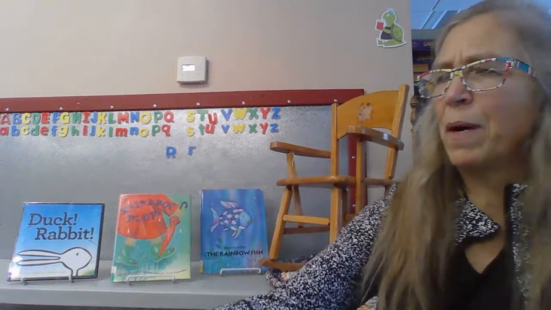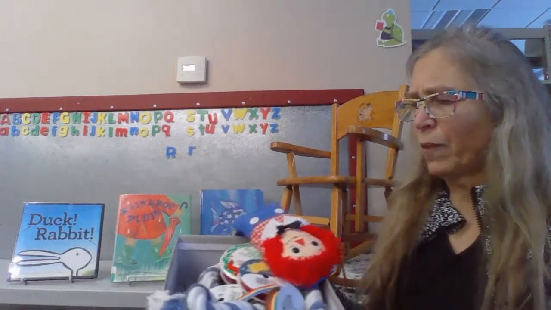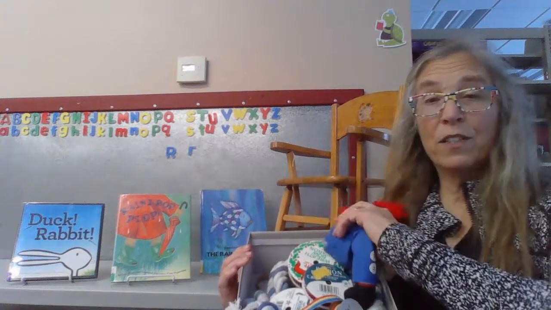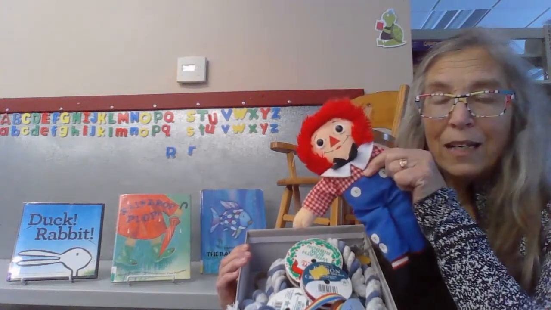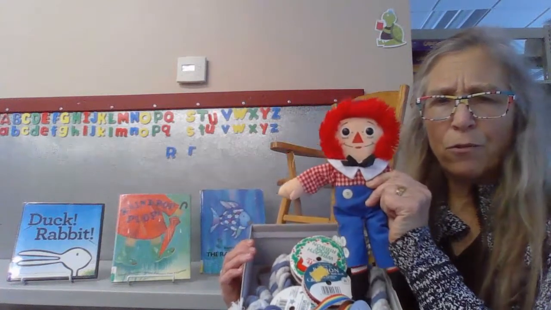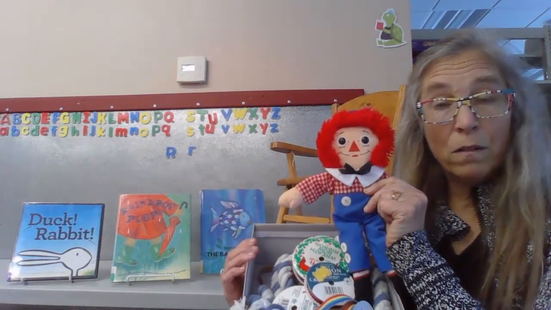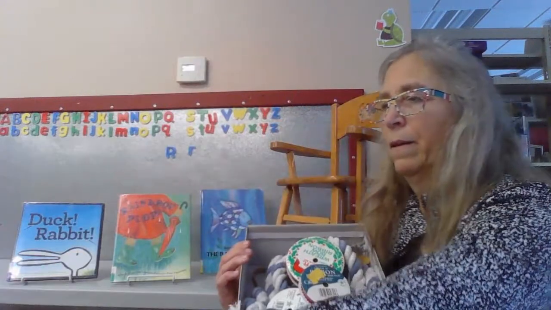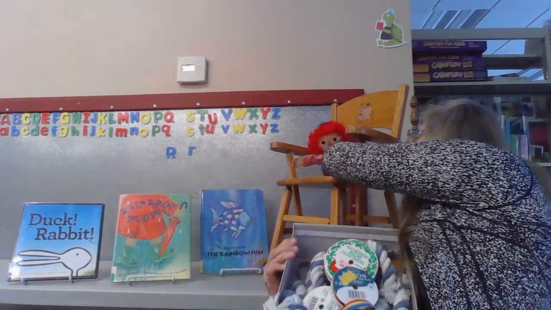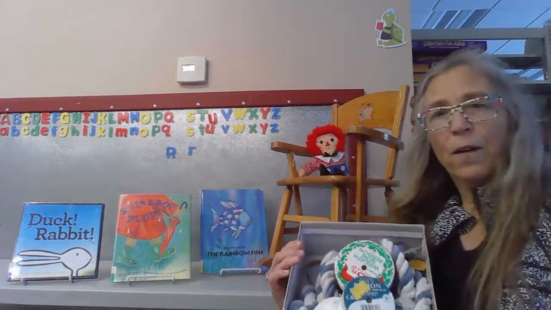And then we also have a box of goodies here. Oh, what's in here? Let's see. Oh, do you know who this is? Is this Raggedy Andy? A Raggedy Ann, Raggedy Andy? Kind of a raggedy doll. Maybe we'll put the Raggedy doll in the rocking chair.